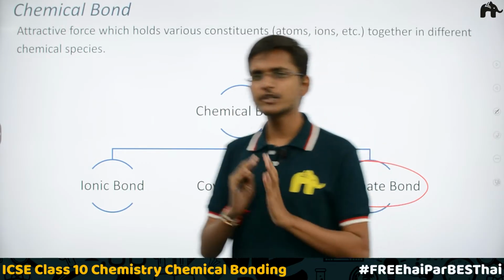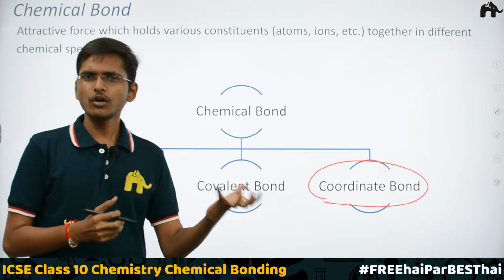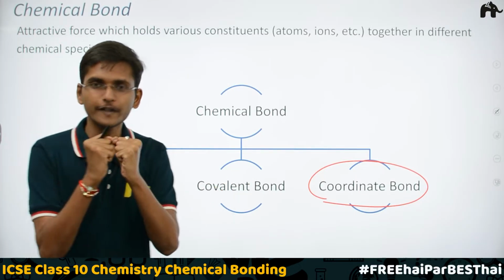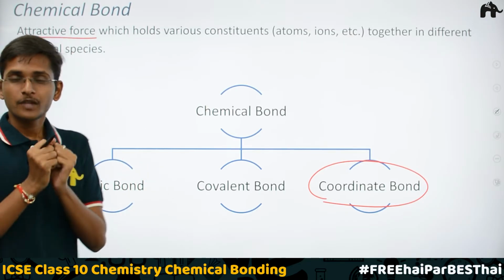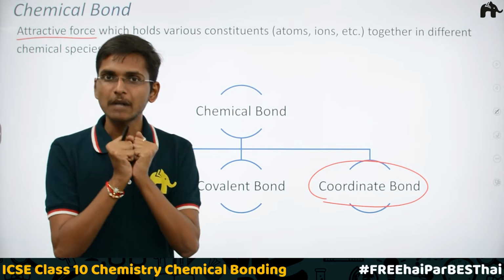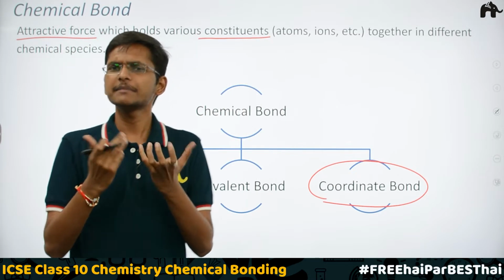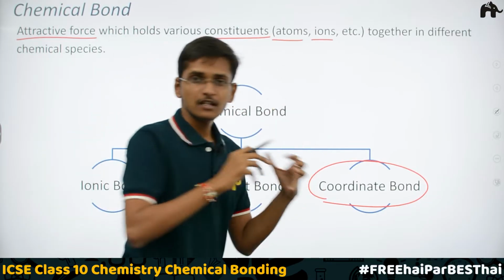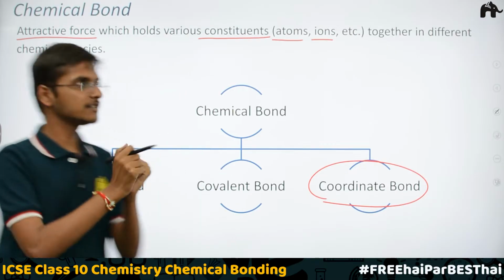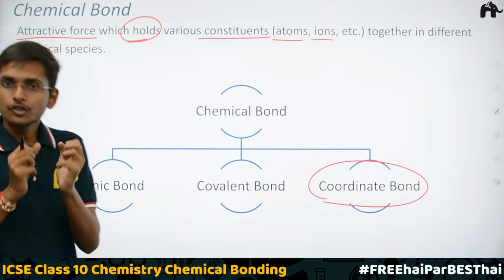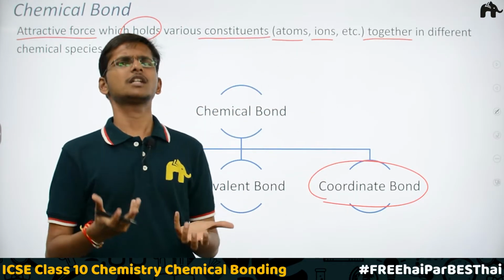So I definitely know you all know the chemical bond, but let's just brush up the basics. So chemical bond is actually a force of attraction, right? A force of attraction or attractive force between the constituent particles, okay? And these constituent particles can be atoms or ions, okay? And this attractive force is holding the constituent particles together in a chemical species, okay?